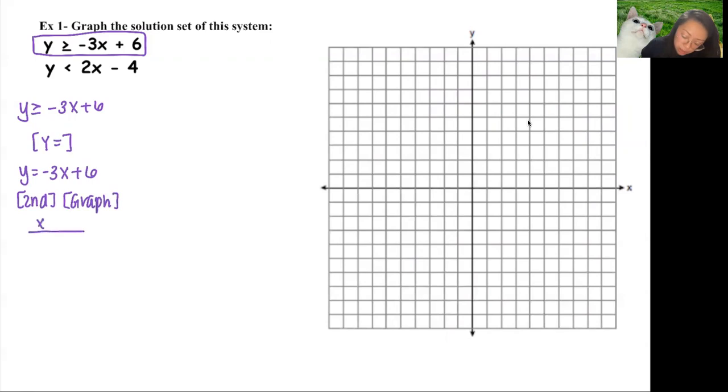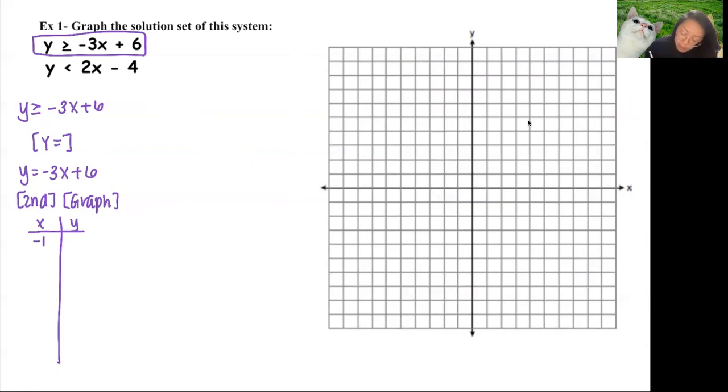You do not need to copy down the entire table of values, but you do need to plot all the points that fit on this graph, okay? I believe the first point that is going to work will be negative 1.